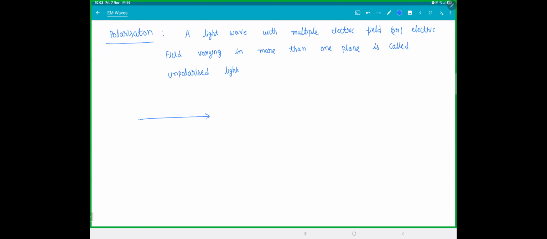So if a wave is going, you will see the electric field is in multiple directions. Such a light is called unpolarized.